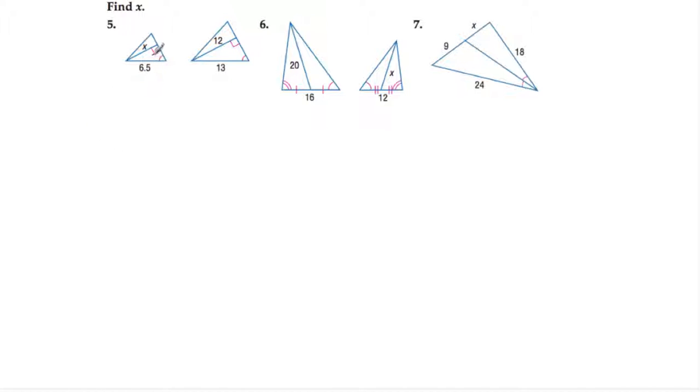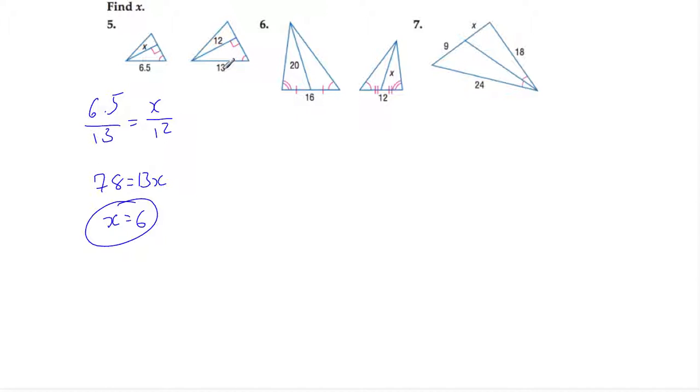So if we're going from left to right, we get 6.5/13 equals x to 12. You're basically setting up this proportion as if it were just another side of the triangle. So we get 78 is equal to 13x, and we can divide that by 13, so we get that x is equal to 6. And it makes sense because 6.5 times 2 is 13, so 6 times 2 is going to be 12.